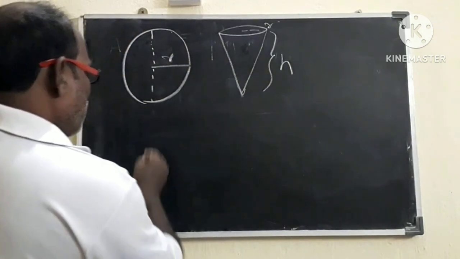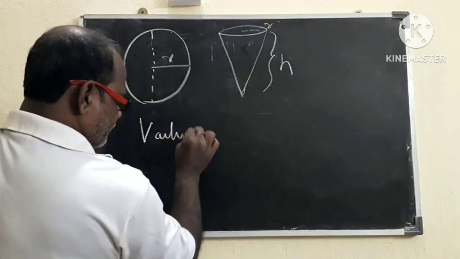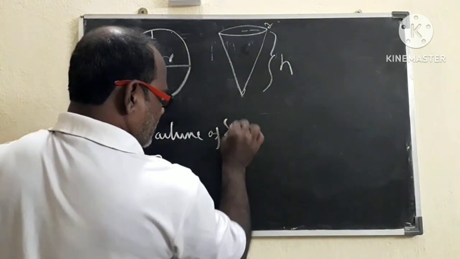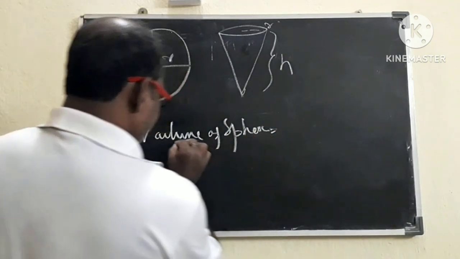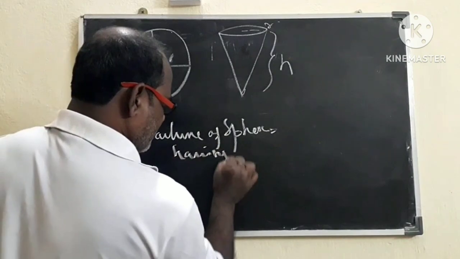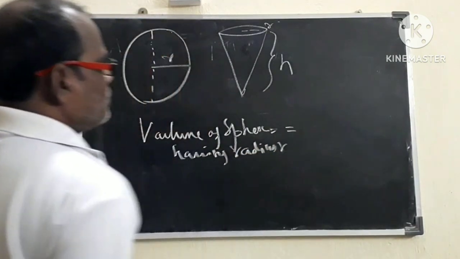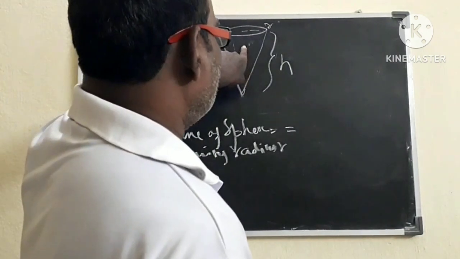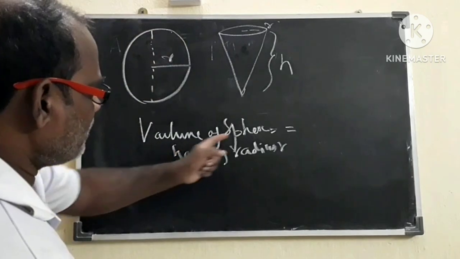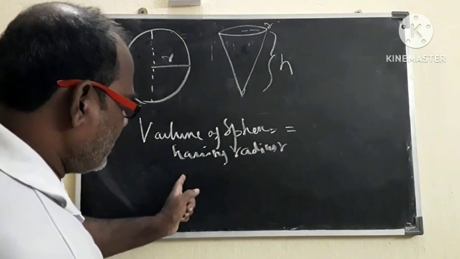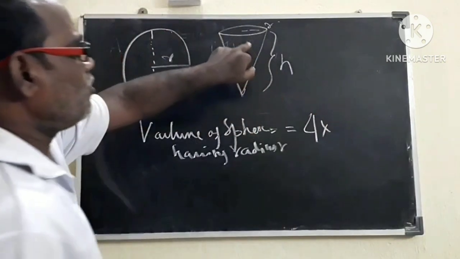That means the volume of sphere, having radius r, is equal to 4 times the volume of the cone inside this sphere.